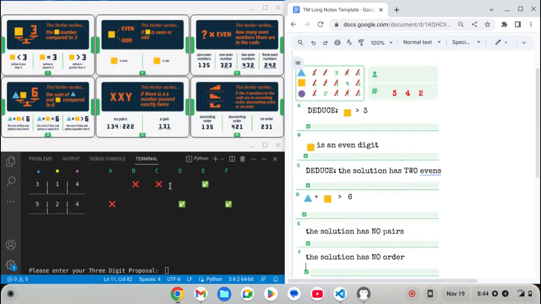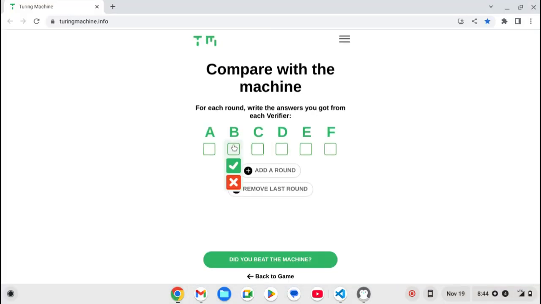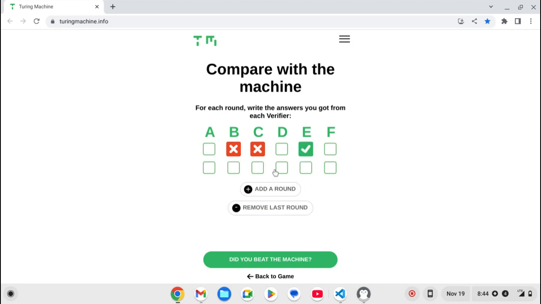Let's see, we did get the first 2 incorrect in the first round and the first one incorrect in the second round. So that was BCE. Let's type that up. So B and C were incorrect. E was correct. In the second round, A was the only incorrect, and both D and F were correct.